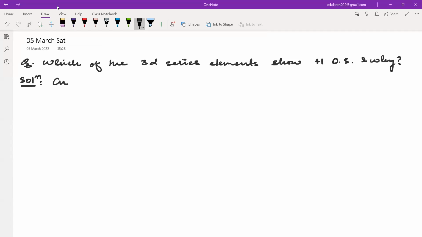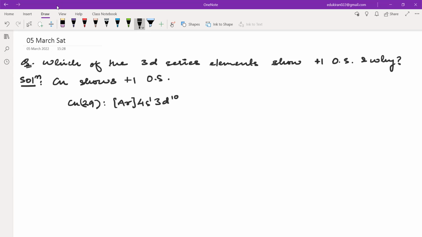So copper shows +1 oxidation state. Now, for the reason we will have to look at the electronic configuration. We know that copper is atomic number 29, and it is argon 4s1 3d10. Correct? Yes or no?